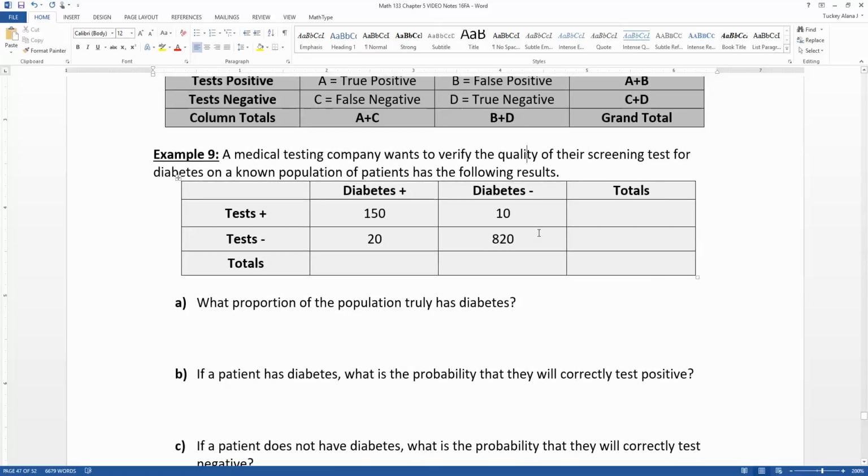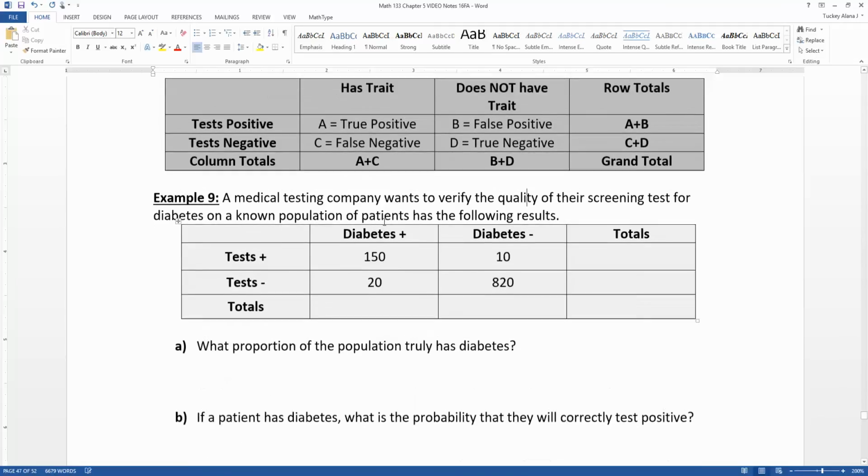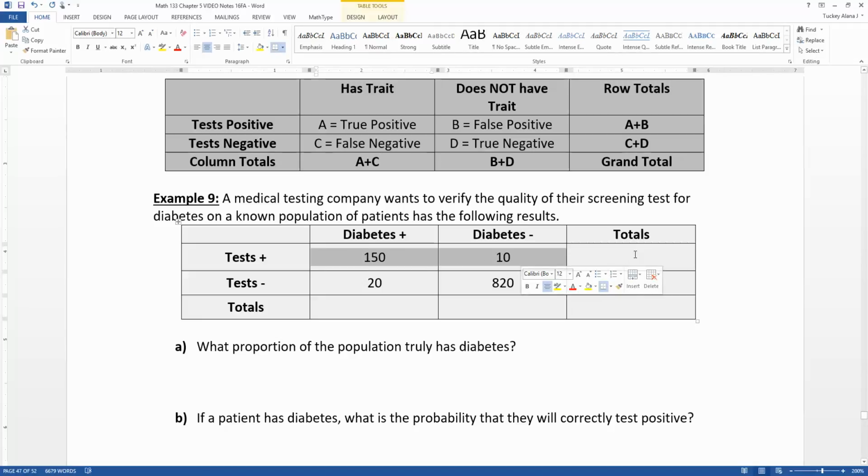So a medical testing company wants to verify the quality of their screening test for diabetes on a known population of patients. It has the following results. So we have 150 people tested positive for diabetes, 10 people tested positive but are actually diabetes negative. These are all the people that test positive. So that's 160 total.